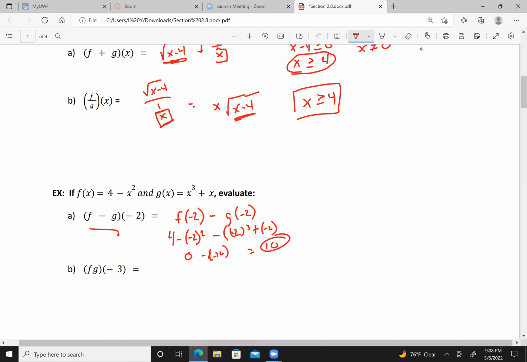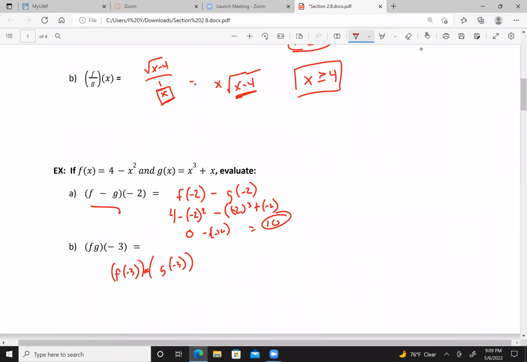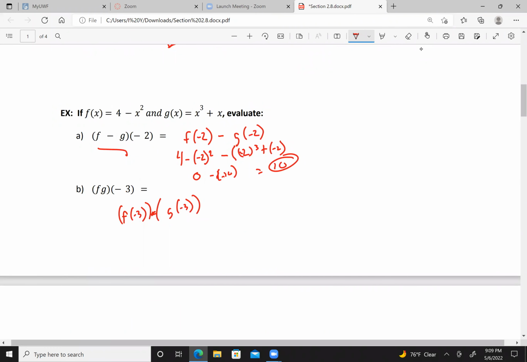Okay, f times g of negative 3. So again, I can do f of negative 3 times g of negative 3. F of negative 3 is 4 minus negative 3 squared times g of negative 3, which is negative 3 cubed plus negative 3.